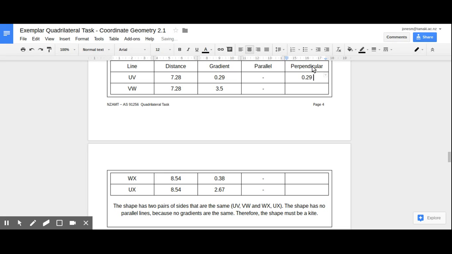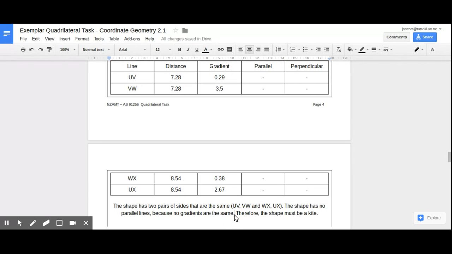So 0.29 multiplied by any of these others. But because they're all positive, say, for example, 0.29 times 3.5, we know the answer is going to be a positive number, and the condition for a perpendicular line is that the two gradients multiplied together give a negative number. So there are no perpendicular lines.